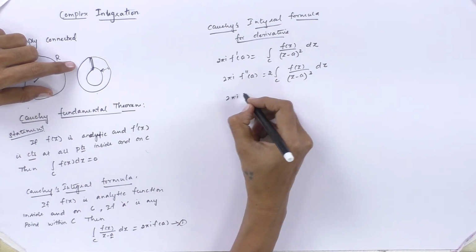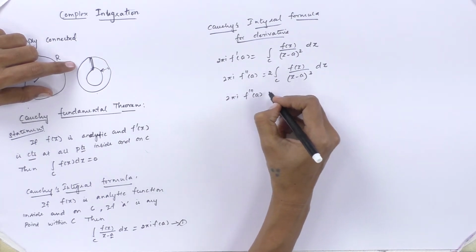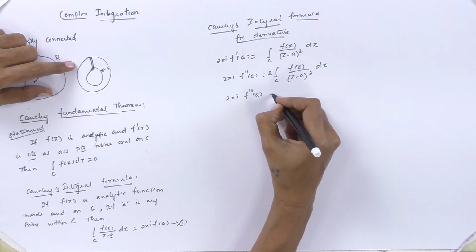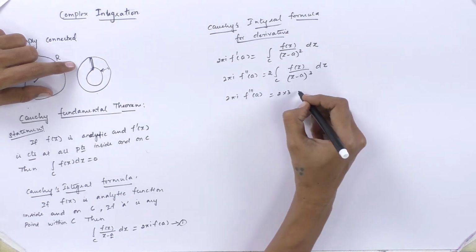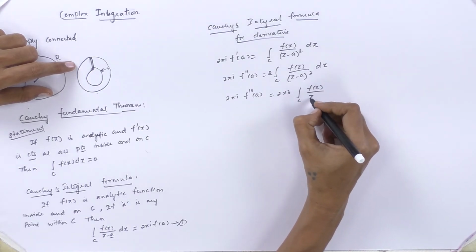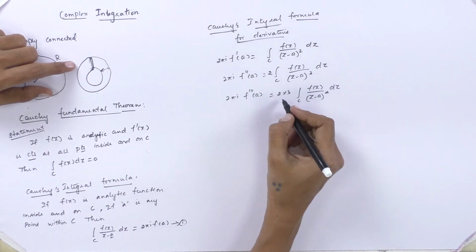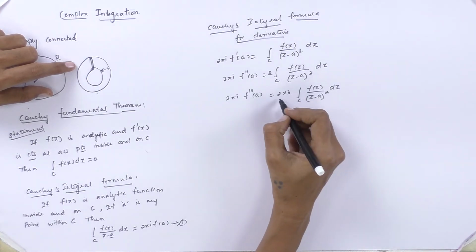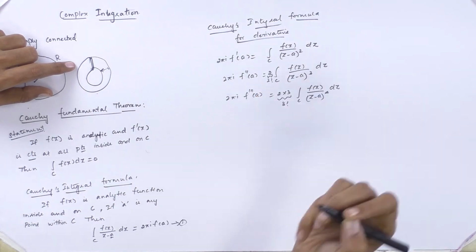Then one more time I differentiate, I get the third derivative of the function f at the point a is 2 into 3 integration over C f of z divided by z minus a raised to the power 4 into dz. By simplifying this, 2 times 3 is 6, this can be written as 3 factorial and this can be written as 2 factorial.